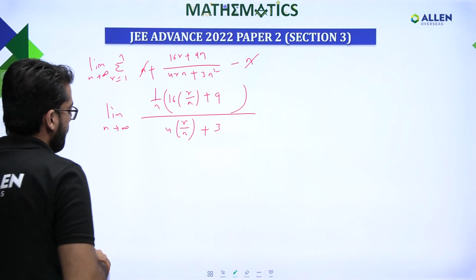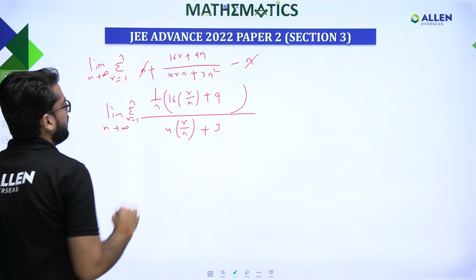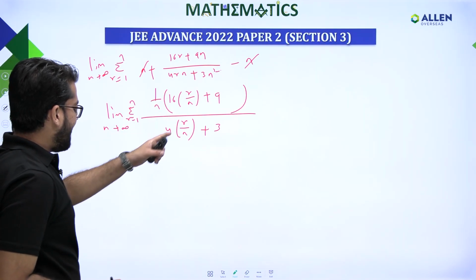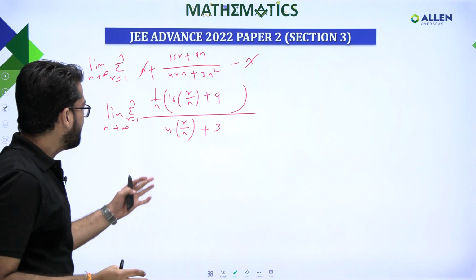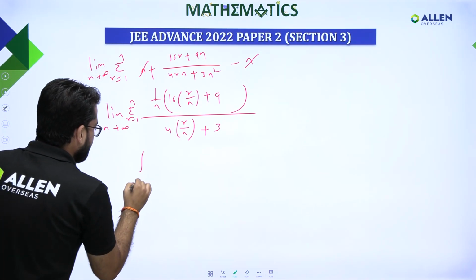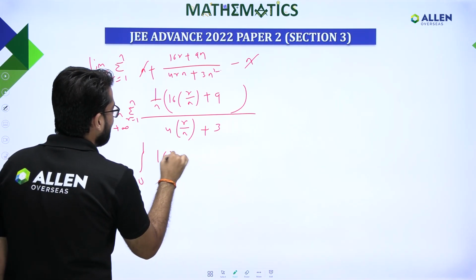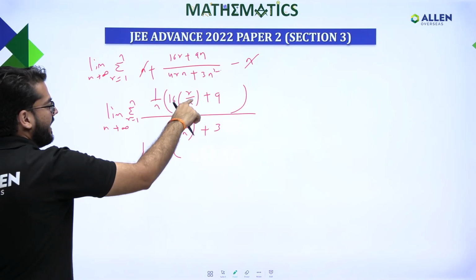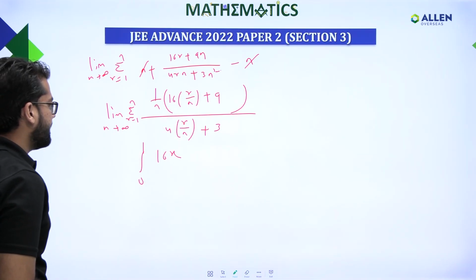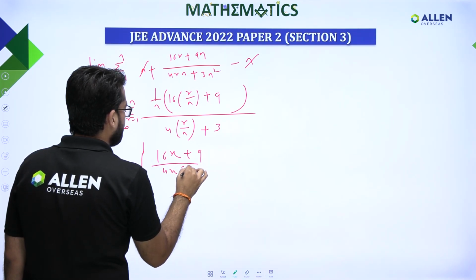Fine. Now can we write it as this r by n? Now we can, as usual, replace the terms as 1 by n, 0 to 1, and this 16 r by n we can write r by n as 16x, right? R by n in place of r by n we can write here x plus 9, and in the denominator we have 4x plus 3.